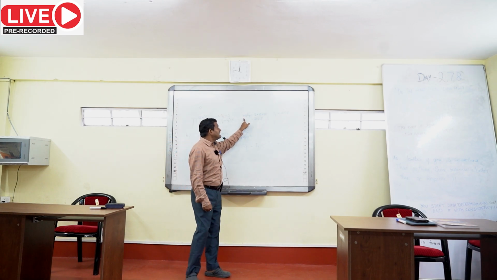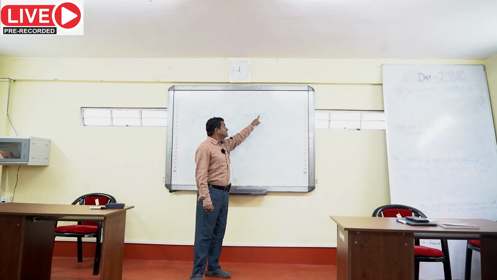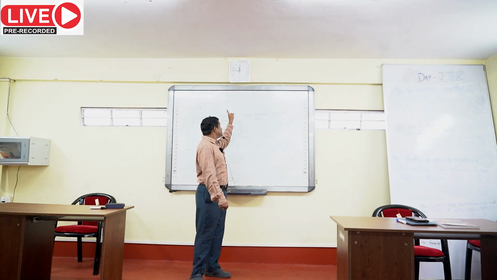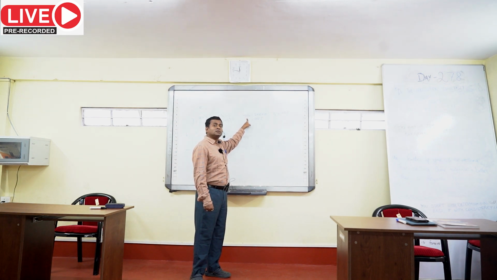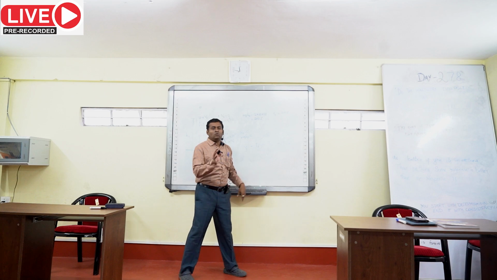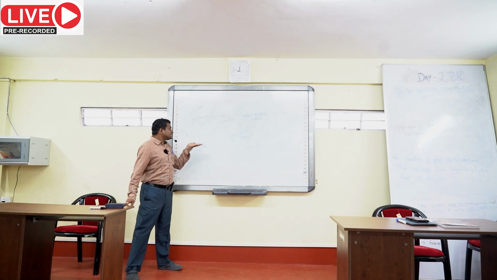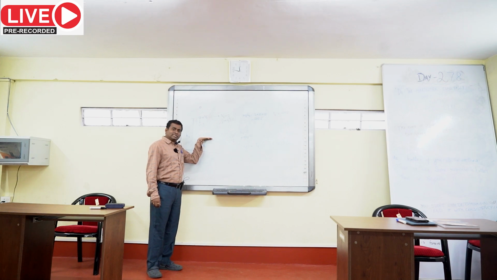So what is the potential energy? mgH1. m is there, g is there, height is there. So potential energy becomes 200 joule. Total mechanical energy means kinetic energy plus potential energy. So 0 plus 200 will be 200. Now, the body is released. Another situation is given: just before touching the ground.